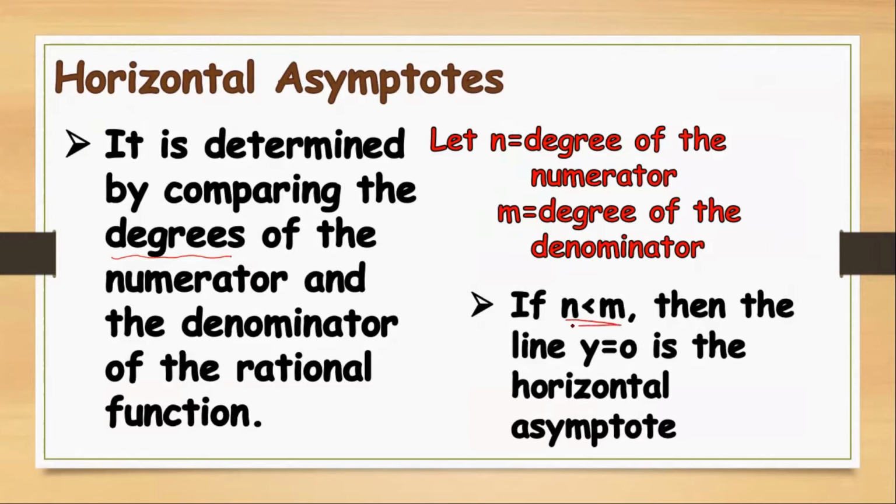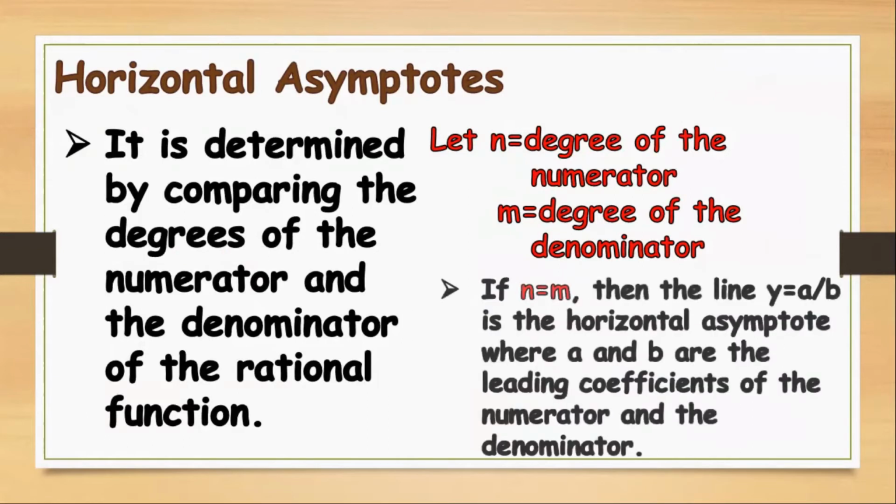If n is less than m, then the line y equals 0 is the horizontal asymptote of our rational function. Next, if n is equal to m, then the line y equals a over b is the horizontal asymptote, where a and b are the leading coefficients of the numerator and the denominator.